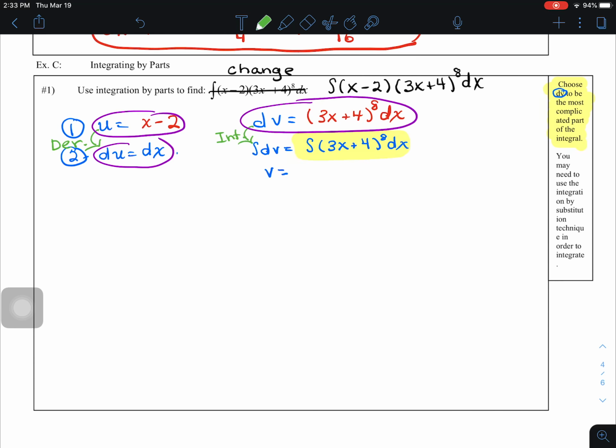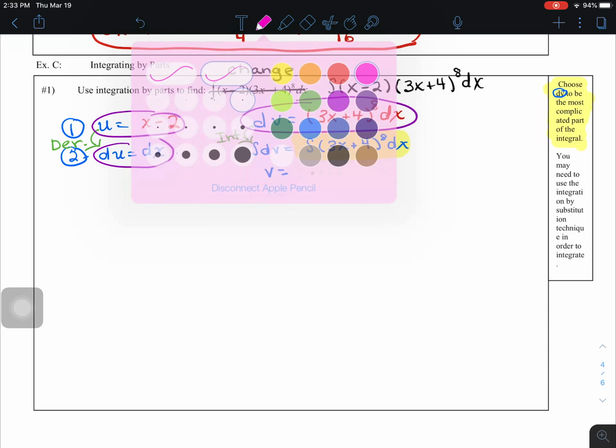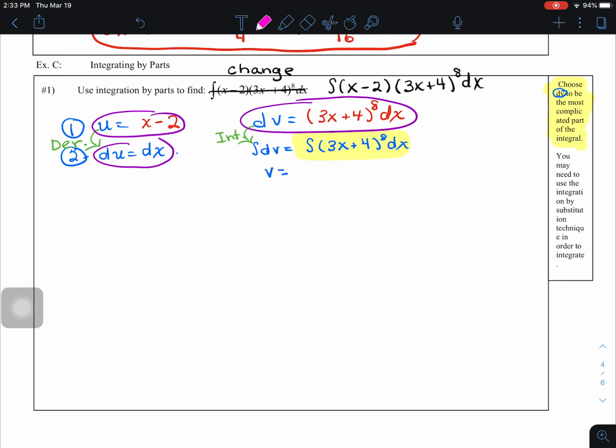So I'm going to go with a completely different variable just to make this a little simpler. Off to the side, I'm just going to make a little note here. I'm going to integrate by substitution. And so instead of using a u, I'm going to use a p. And I'm going to let p equal what's in the parentheses, this part right here, 3x plus 4.